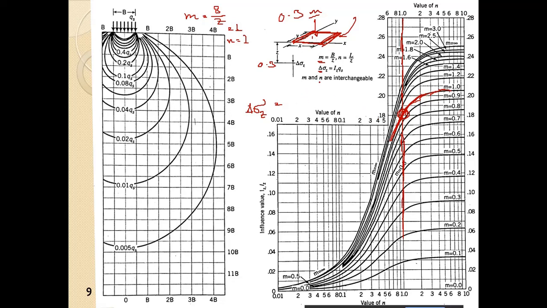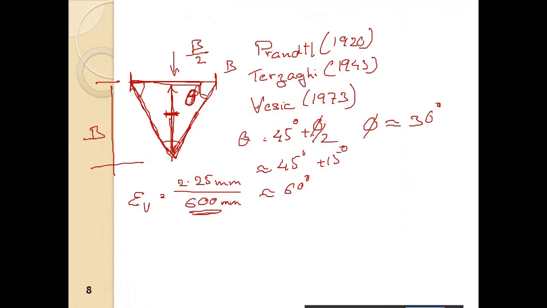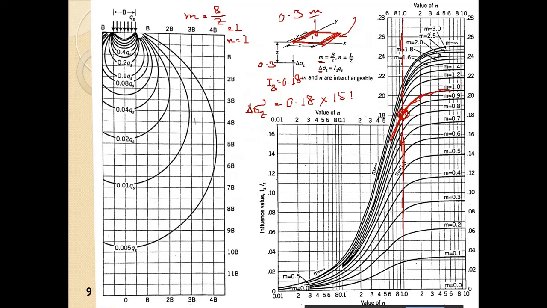So Iz is equal to 0.18. I am just doing this to recollect things. So delta sigma z is 0.18, or in the book example it is given 0.177, almost the same, into the stress which is applied, which in this case is 15 ton per meter square.